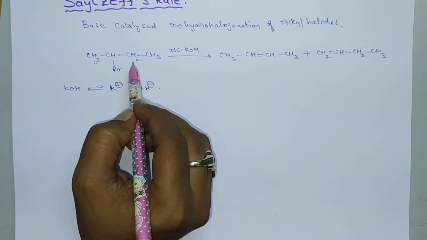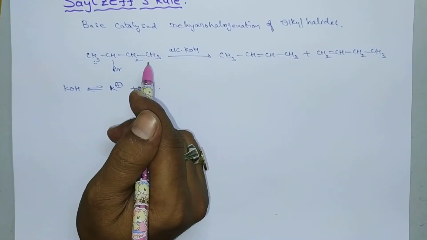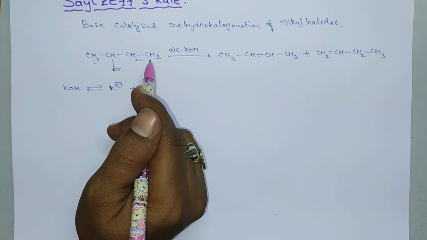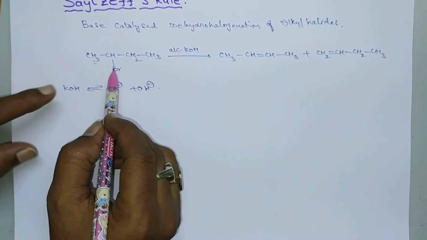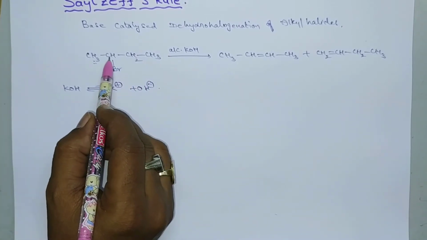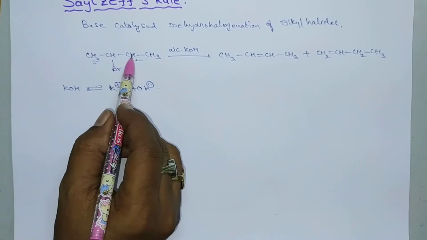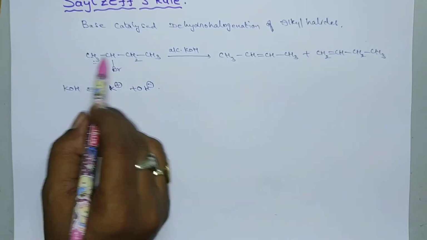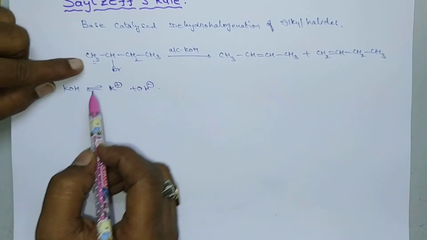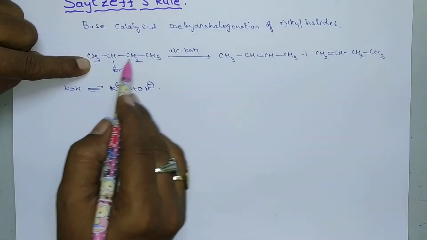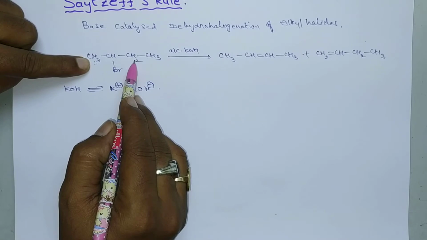This is called beta elimination. Beta elimination means elimination takes place from adjacent carbon atoms. Here the halogen is attached to this carbon, and there are two adjacent carbons. These two carbons possess hydrogen atoms, so the hydrogen can be eliminated from this carbon or from this carbon.